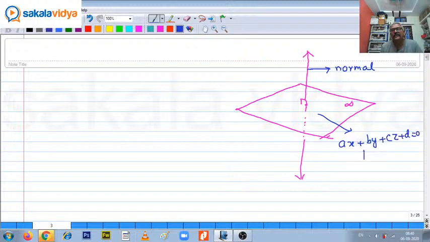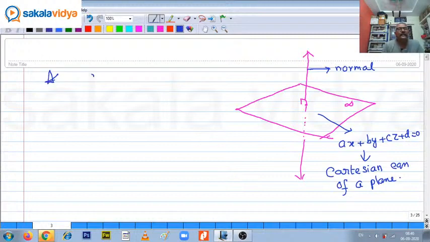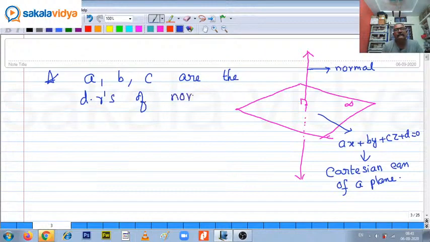We can name this the Cartesian equation of a plane. Here an important point: a, b, c are the direction ratios of the normal to the plane. That means a, b, c are the direction ratios of this normal.